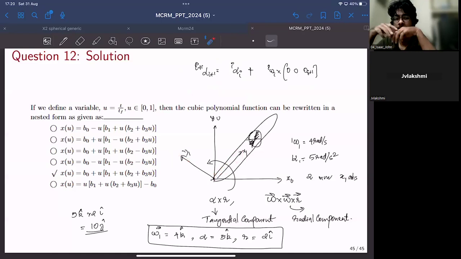Here 1 omega 1 is given as 4 radians per second and 1 alpha 1 is given as 5 radians per second squared.